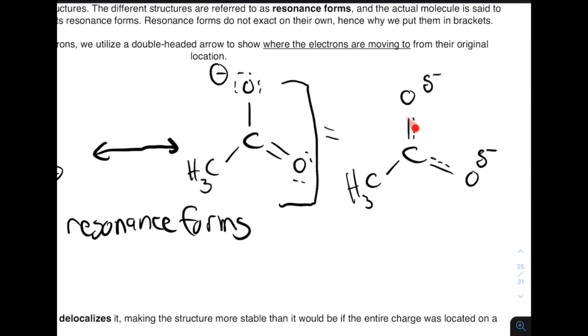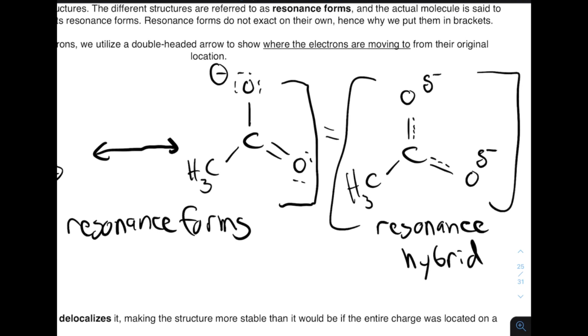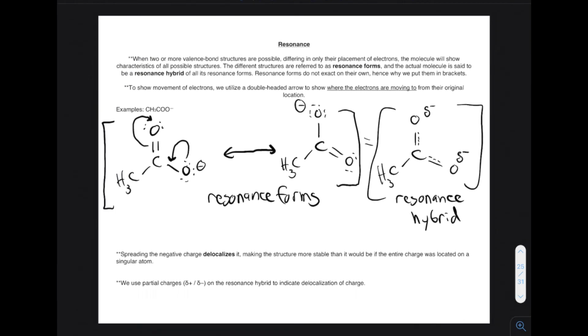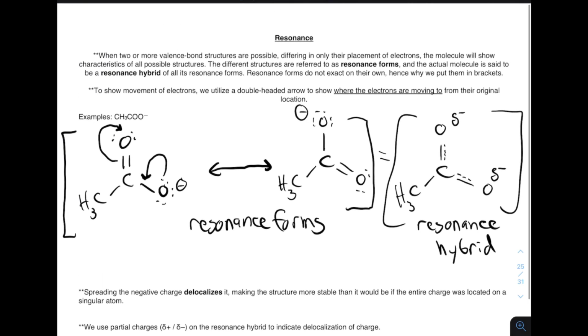So spreading this negative charge delocalizes it. So this structure here is more stable than it would be if the entire charge was located on a single atom. So we call this the resonance hybrid, right? So let's look at another example of this.